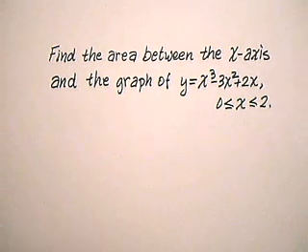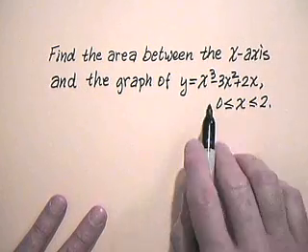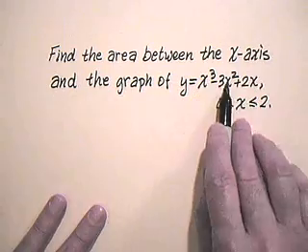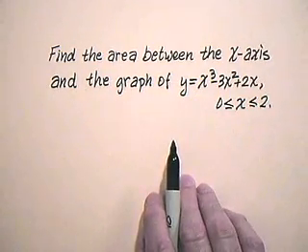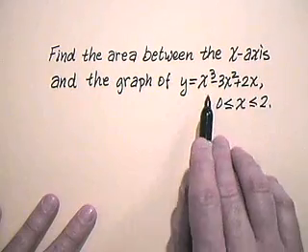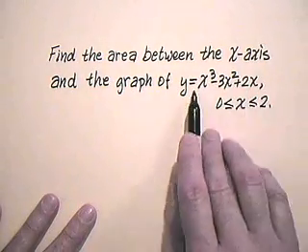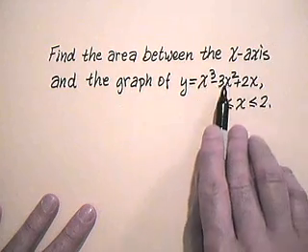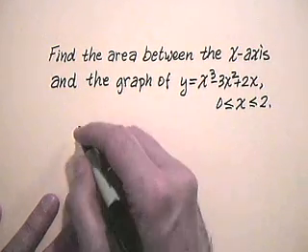So what we have to do to begin with is find every point in this interval at which this graph crosses the x-axis. That is, we want to set it equal to 0 and solve. Well, to solve a polynomial equation, it's best to factor, and you can see right off we have an easy factor of x that comes out.